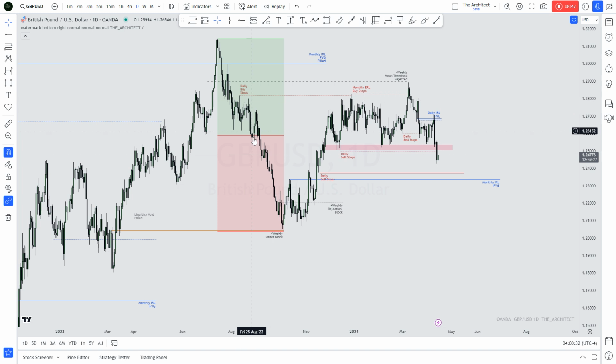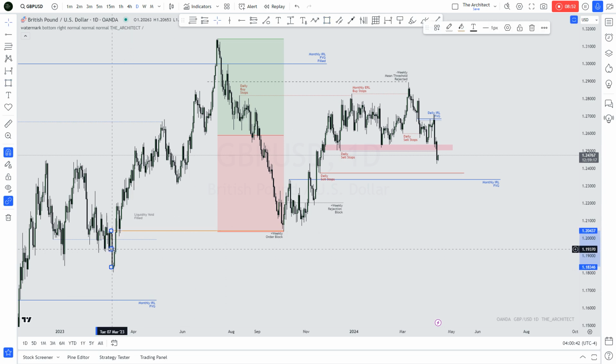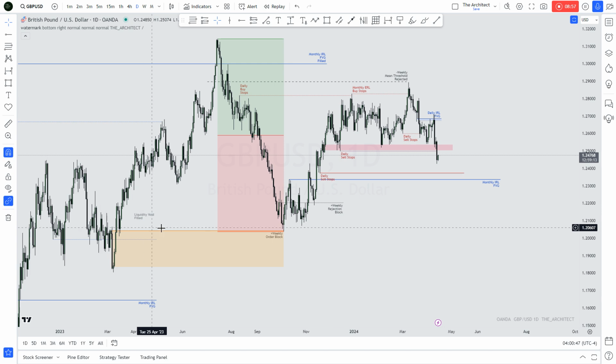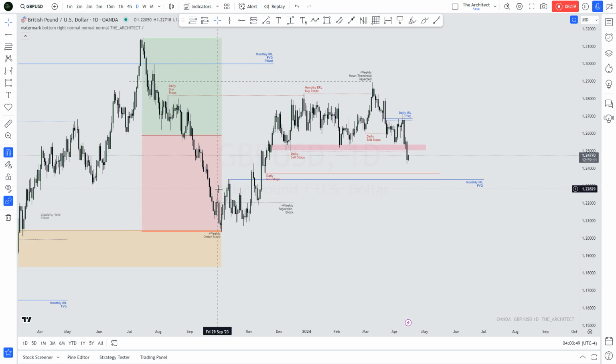We see the market pushing all the way down into this order block over here, right? Once it reaches into this order block, let me just mark that so you guys can see what I'm talking about. Once we reach into that, we filled the liquidity void, we start to see a market structure shift, right?